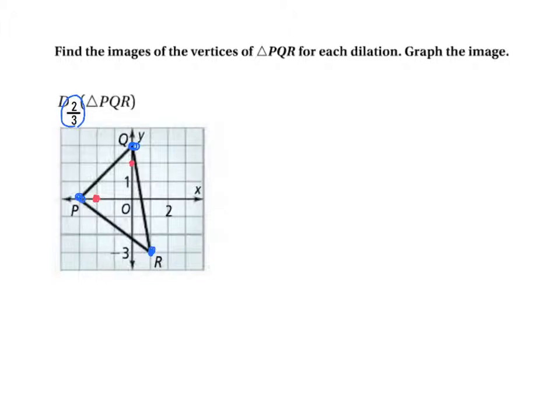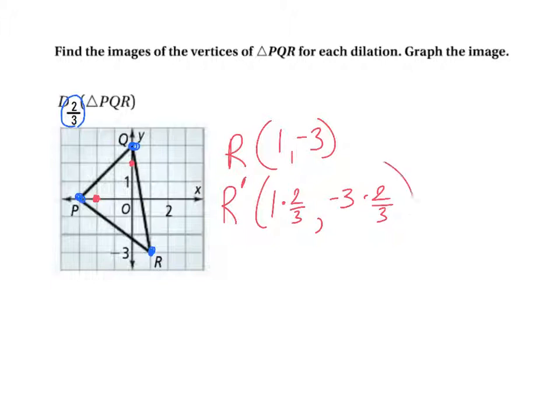If you can't just eyeball it and figure it out, then let's work with the coordinates. Point R is over 1, down 3. Now what I have to do to find R prime is take that coordinate and multiply it by my scale factor. All right, so 1 times 2/3 is just going to be 2/3.